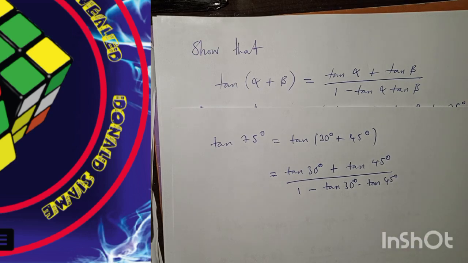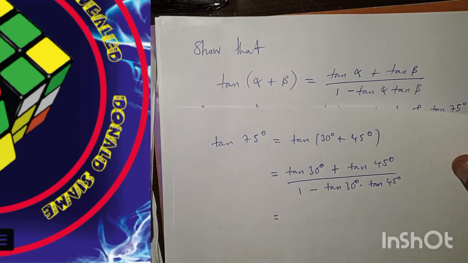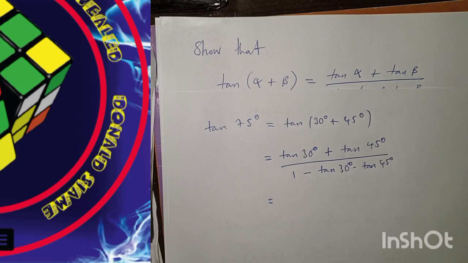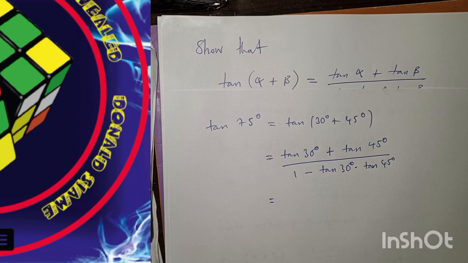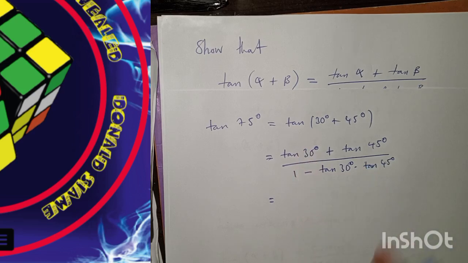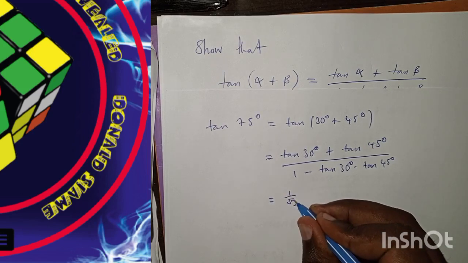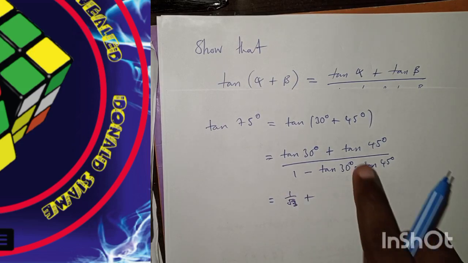45 degrees. Okay, so I'm sure from the special angles you are able to remember that tan of 30 degrees should be 1 over square root of 3. So where there is tan 30 degrees, we put 1 over square root of 3. So we have 1 over square root of 3 plus tan 45.